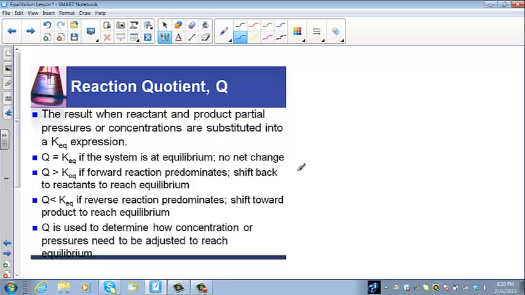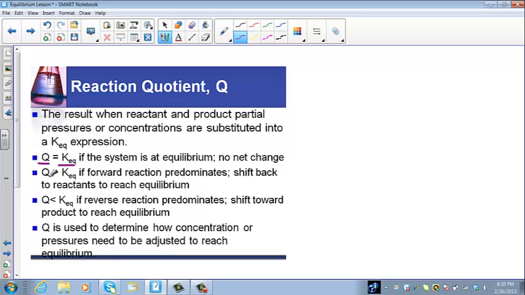So often you'll be given information in a problem and you're really solving it for Q, the reaction quotient, and then you're comparing that to a known KEQ. So when you calculate if your Q is equal to your KEQ, then that system is at equilibrium.